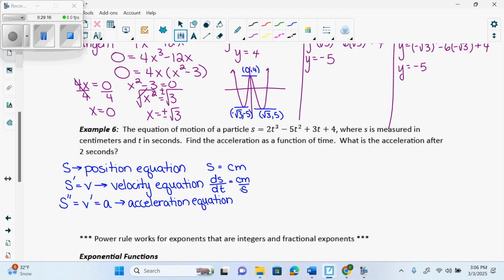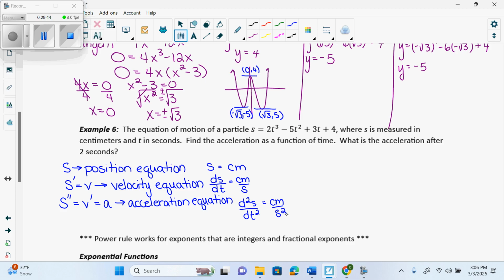And this one is d2s over dt squared, is how they write it, which is centimeters per second squared. So if they want the acceleration and give me the position function, what are they indirectly asking me? Second derivative. It's a fancy way of asking for the second derivative, right?